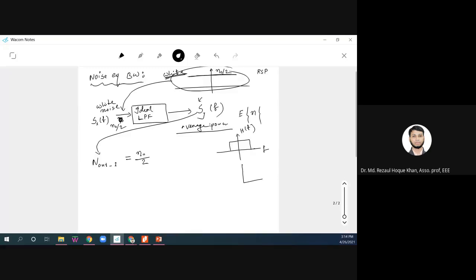If it were a practical low pass filter, it would be like this. But it's ideal, so this transition is fast, like a very sharp cut. So for ideal, what is the bandwidth? It starts from minus B to B.